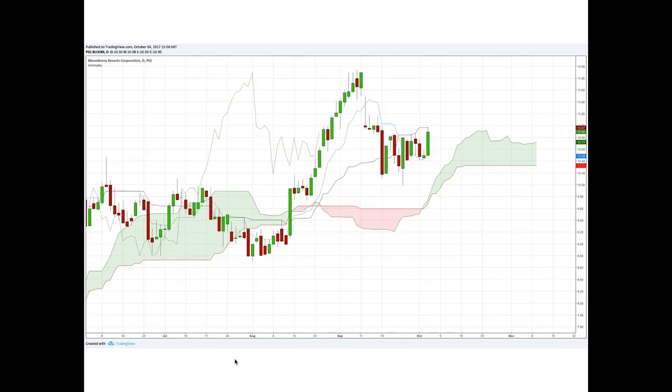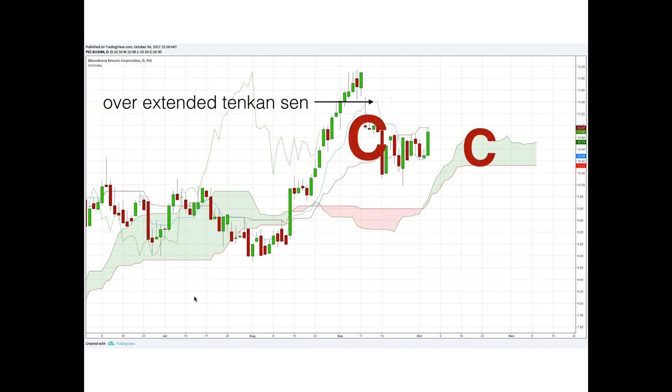In this chart of Bloomberry, we also find that the Tankenson is way above the Kijun-sen in this area, no? The movement was very fast. The Kijun-sen was still below, and it made the C pattern. So it went to its target price on the way down.